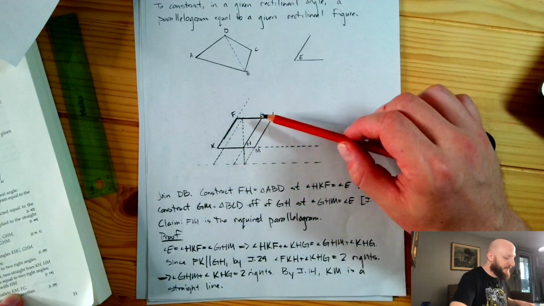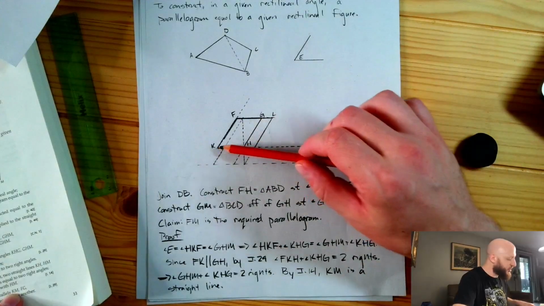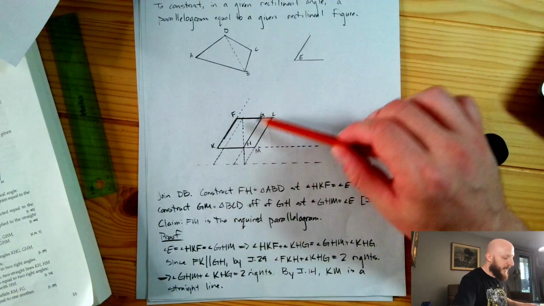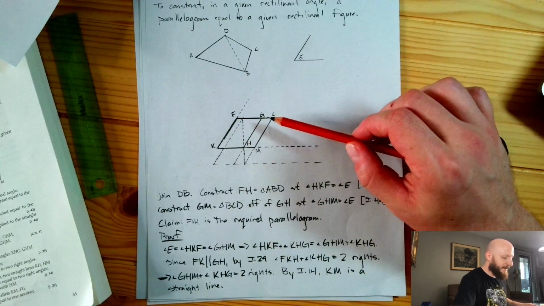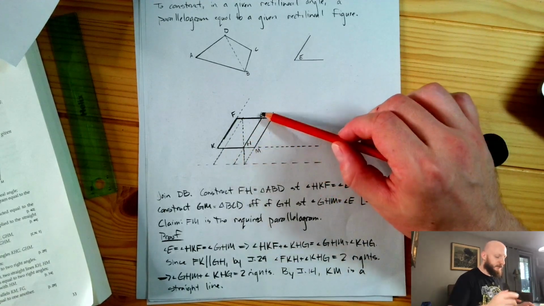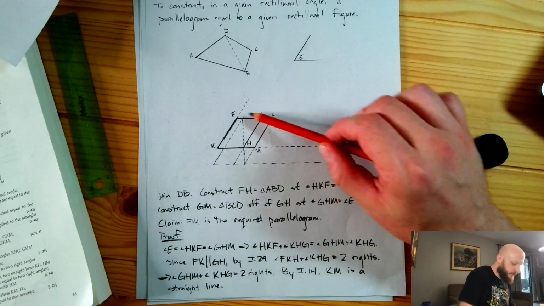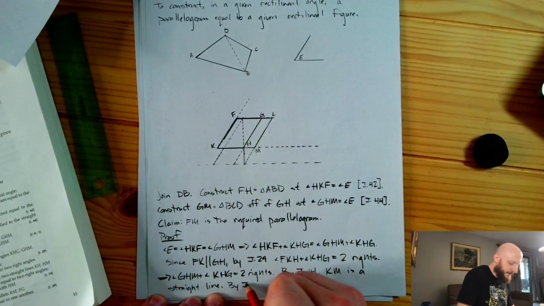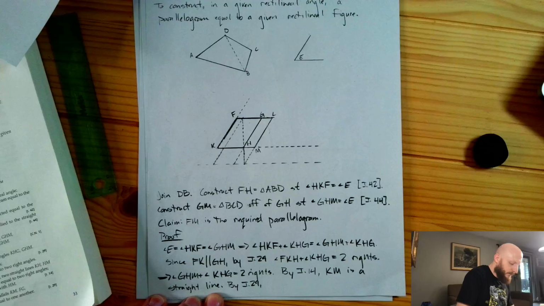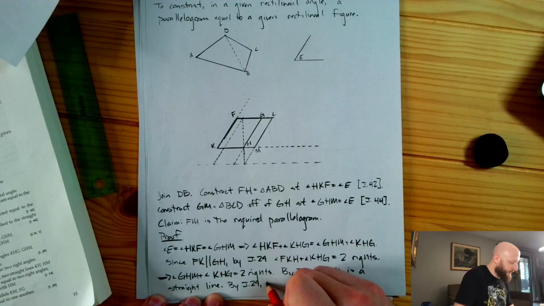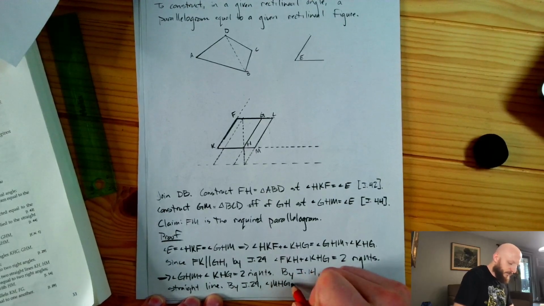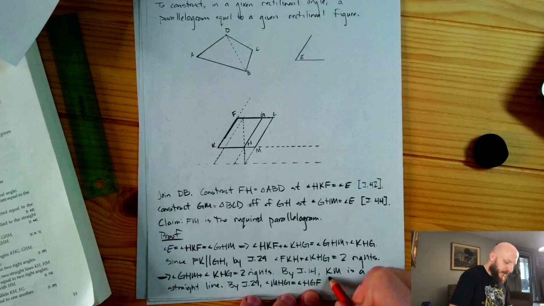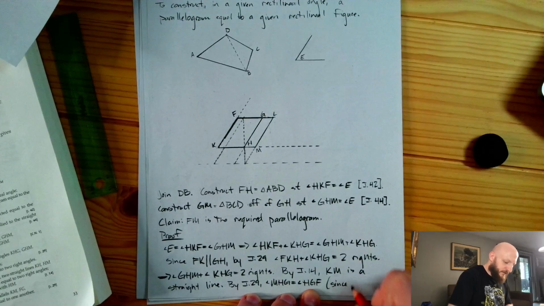But since KM is a straight line and it is parallel to FG with HG falling upon it, the alternate angles MHG and HGF are equal to one another. That's Prop 29 again. So by Prop 29, angle MHG equals angle HGF, since KM is parallel to FG.